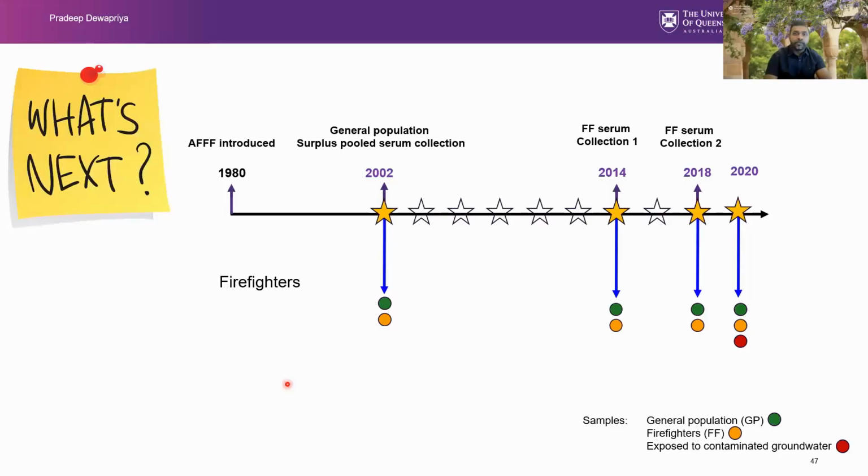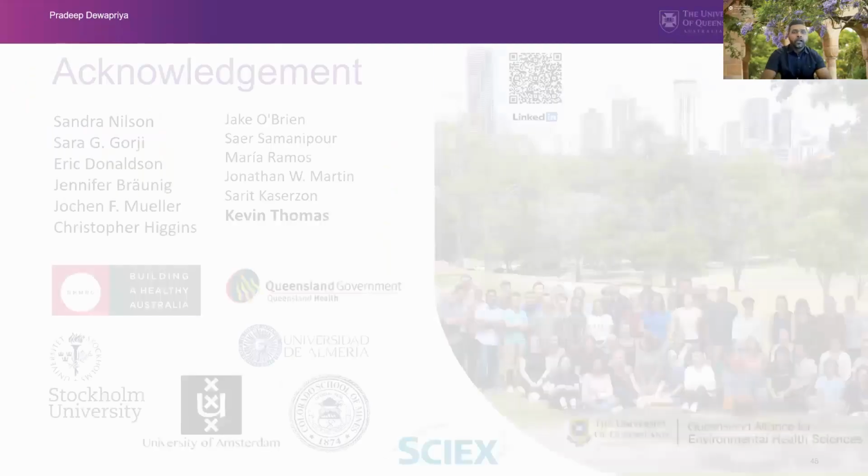So now we are going to analyze all these samples to characterize PFAS exposure in Australia comprehensively. So this work is in progress. Currently, we are analyzing the data. So I hope in the near future I can show you the results from this sample analysis.